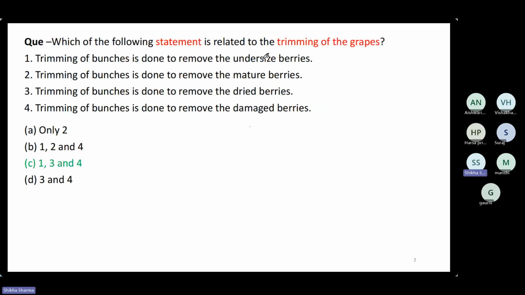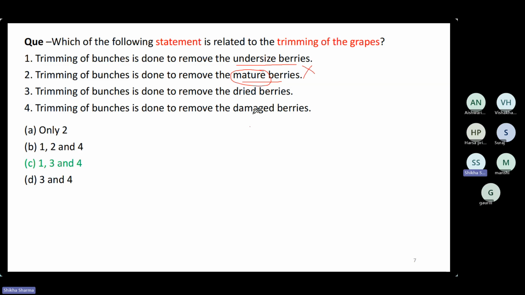In the first statement, it says that trimming of the bunches is done to remove undersized berries, which is correct. Second says it is done to remove the mature berries, which is not correct. Immature berries is correct.